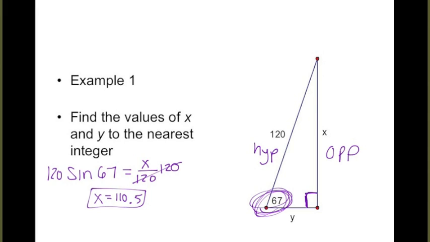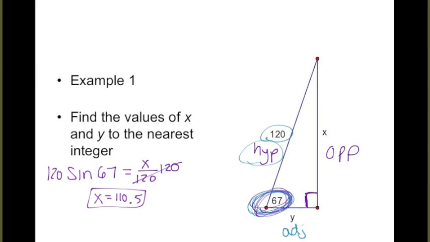So when I go to solve for y, I'm going to focus on the same angle. But if I'm solving for y, then I care about what kind of side y is. So what kind of side is y? Adjacent. Cosine. And I want to use, again, just the given information if possible, which is going to be hypotenuse. We could, since we know what x is, use that, but I like to not if I don't have to.